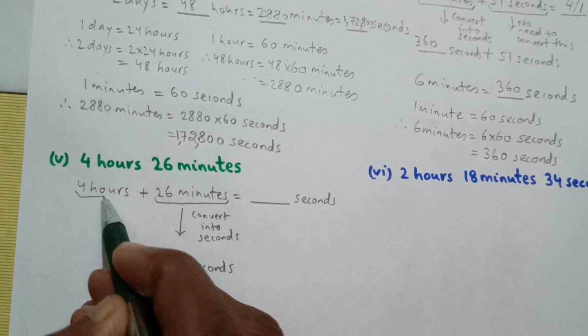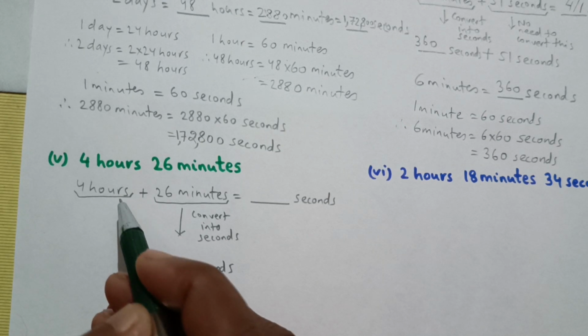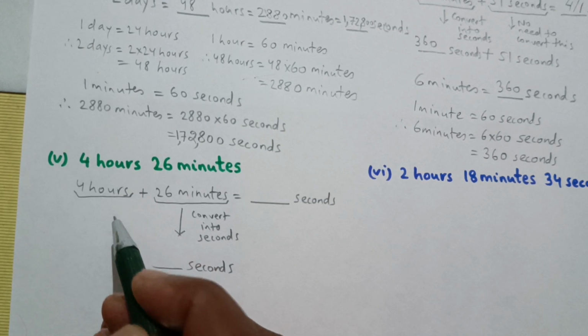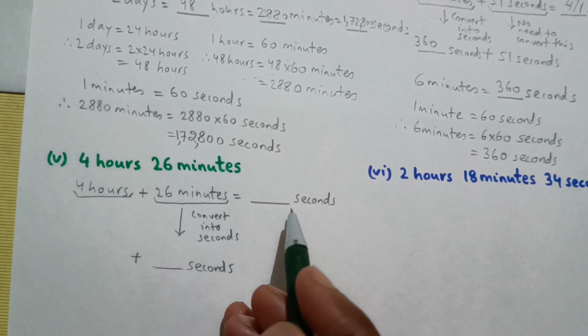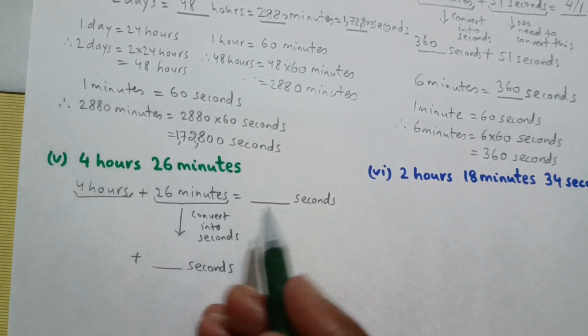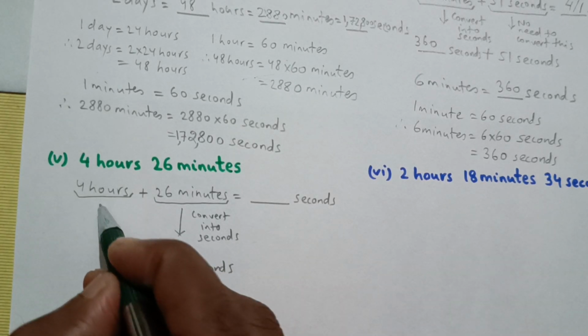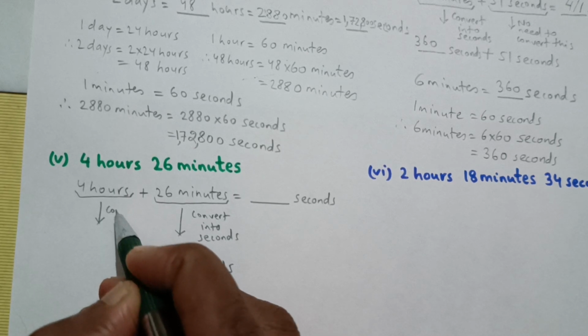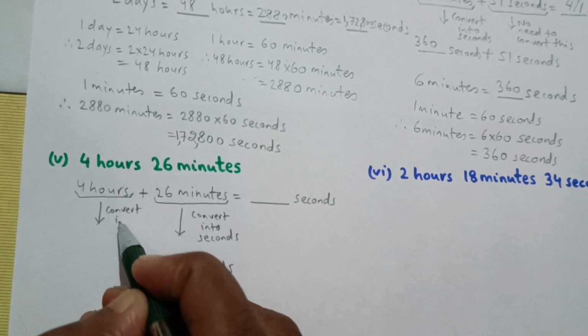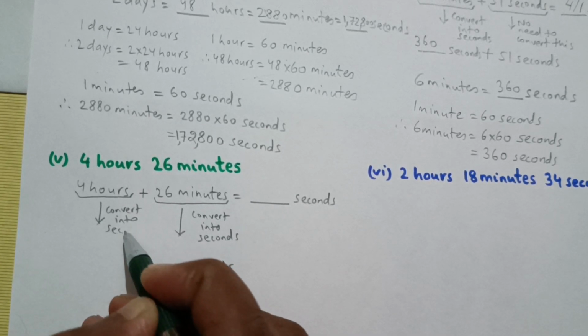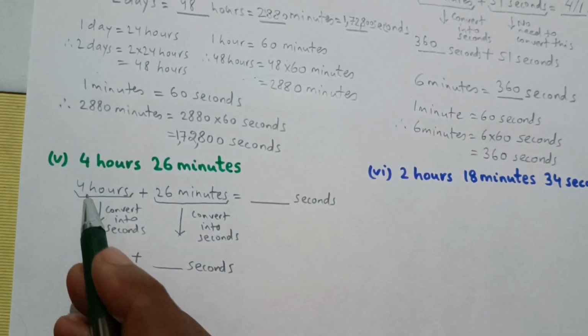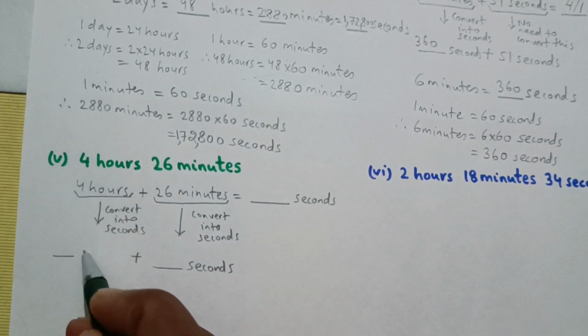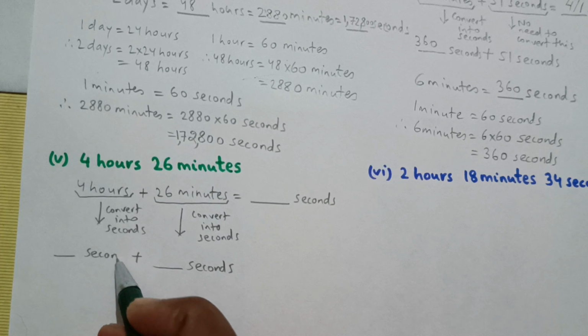Then look here, 4 hours. We have to convert 4 hours also into seconds because our final answer should be in seconds. So 4 hours is how many seconds?